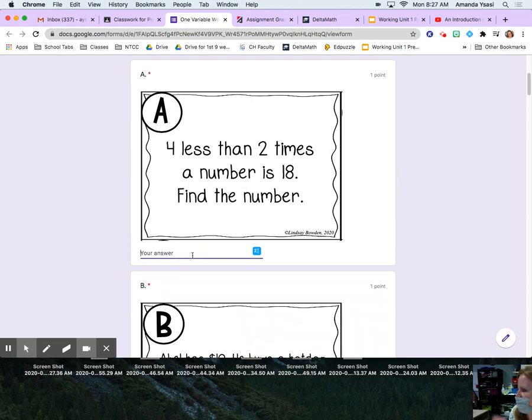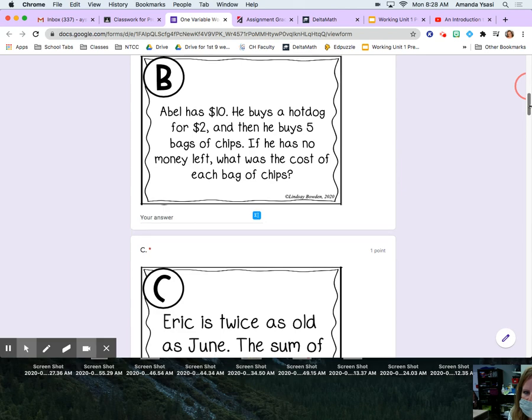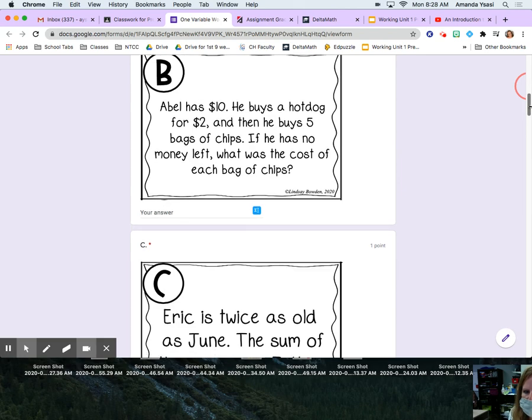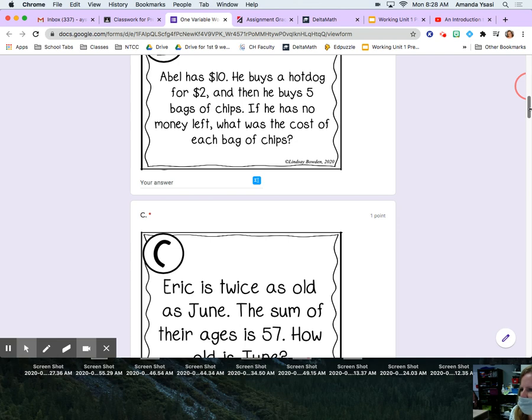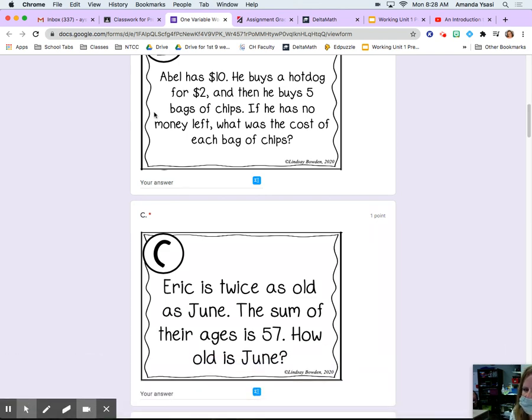You can put x equals the number, or you can just put the number. Okay? The actual number, type in the number. So if it counts it wrong, then we'll figure out how to make it right. But this is our first attempt at the Google form with putting in answers in here. So let's see how it goes. Work these out in your journal. That way, if I ask you to see your work, then you can show that to me.